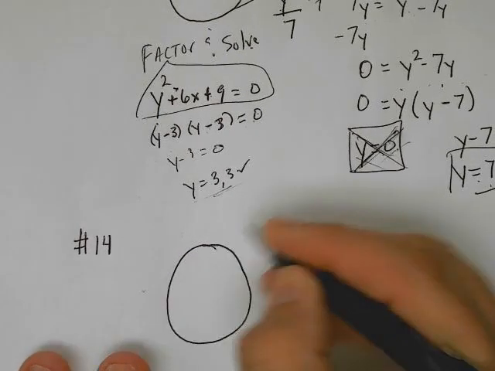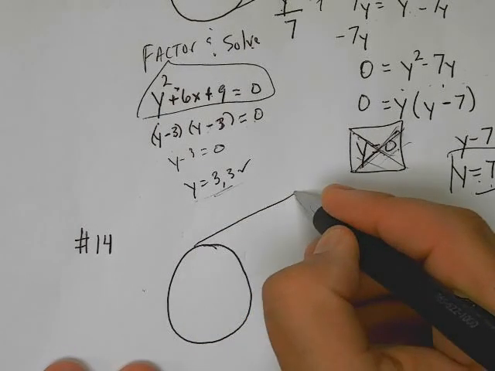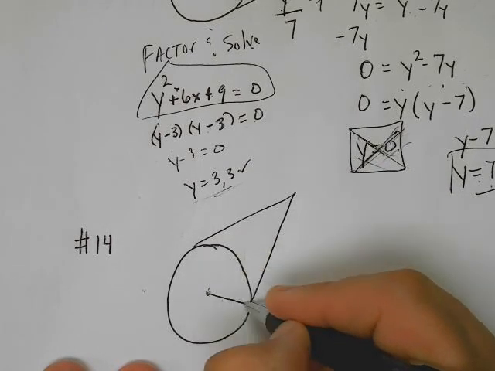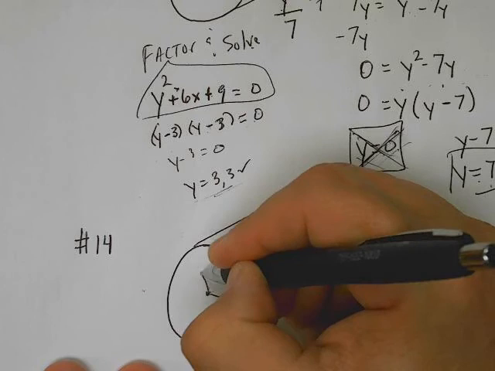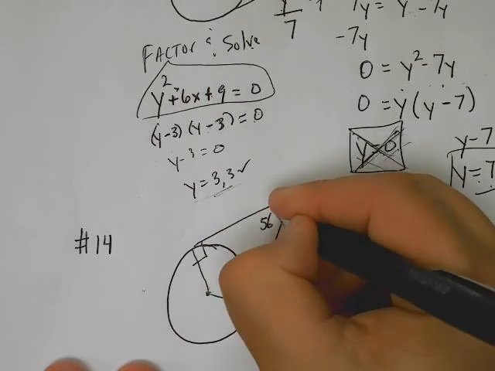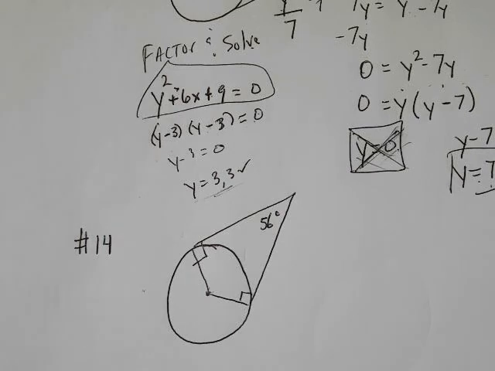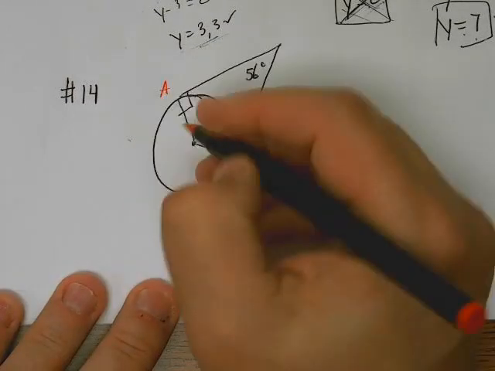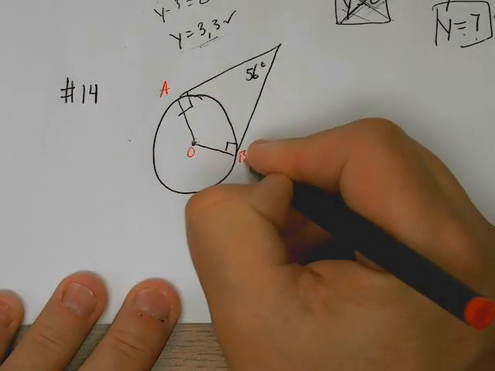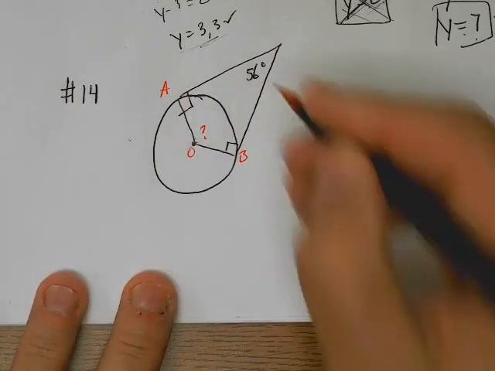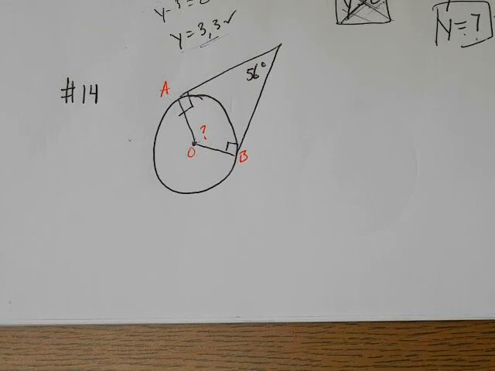I'll try and quickly recreate the picture. I believe this angle is 56. And they want us to find, I know there's more stuff in there, but for this problem, they just want us to find AOB. Isn't that right?